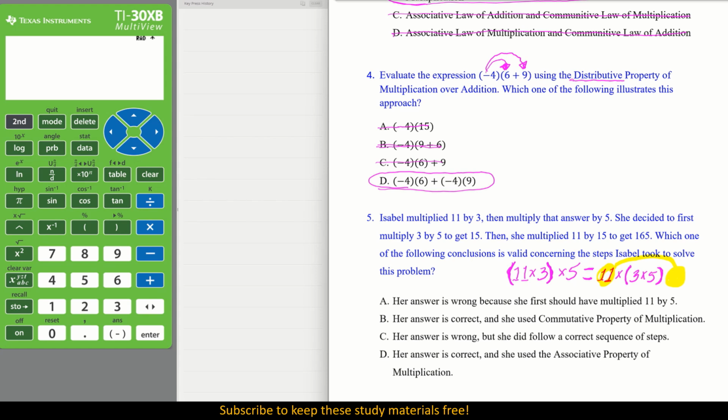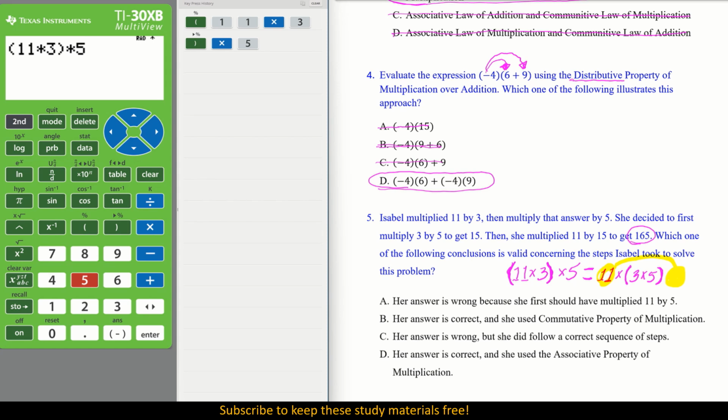Well, let's put all this in the calculator and double check. If what we have by what they're stating is the same, then we know, and they're saying, well, both sides have to be 165. All right, let's just do it because the numbers could get dicey and weird and longer. So let's go ahead and try this in our calculator with this simpler one, okay? So we have parentheses, and that's 11 times 3, close your parentheses, then times your 5.